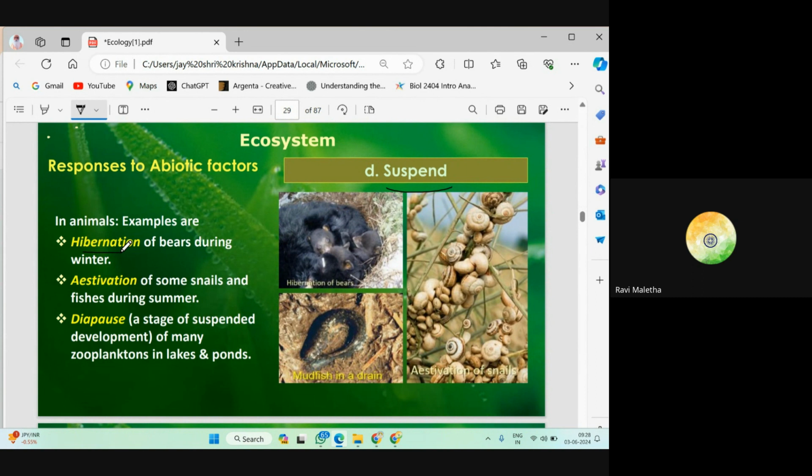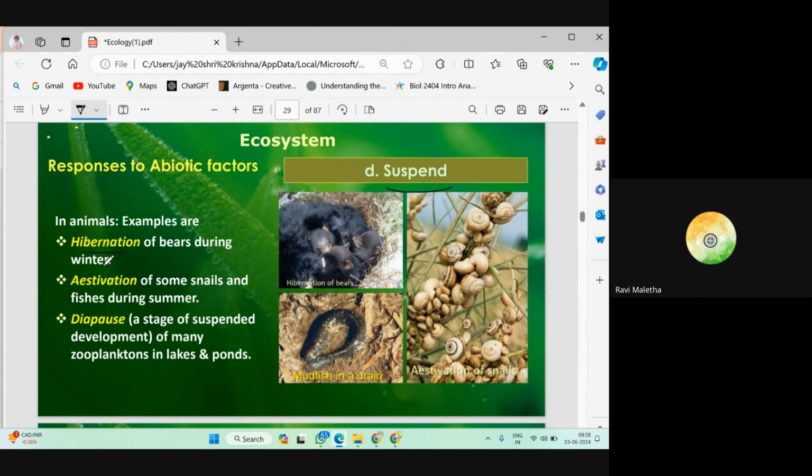We can say they will reduce their body functions completely so that they will not need energy, and they will go to some cozy place in winters and just pass the 5-6 months in hibernating mode only. So hibernation is the process to remain dormant in cold conditions.